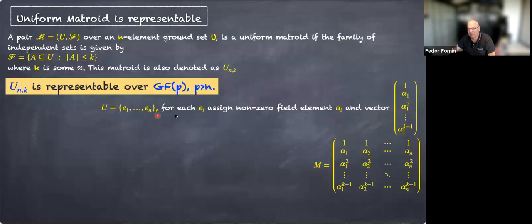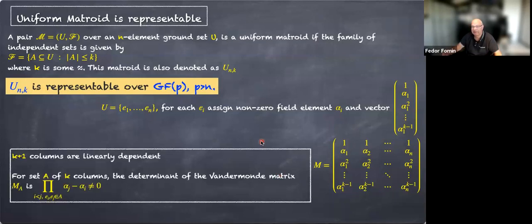With every element e_i, I associate a non-zero field element alpha_i, and also a vector: I start from the 0 power, then the first power, up to the power k minus 1 of the element alpha_i, and then the representation is the following.